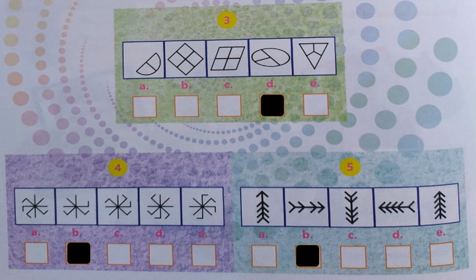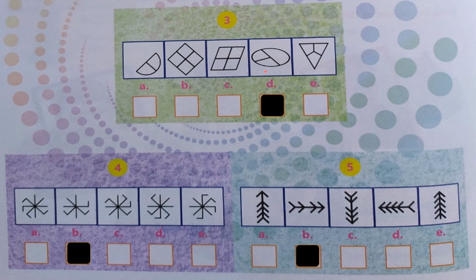Now see the third picture. You can see 5 patterns here. In the first pattern, 2 parts are given, and this shape has been divided into 2 equal parts. Now in the second pattern, this shape has been divided into 4 equal parts. In the third shape, this pattern is divided into 4 equal parts.